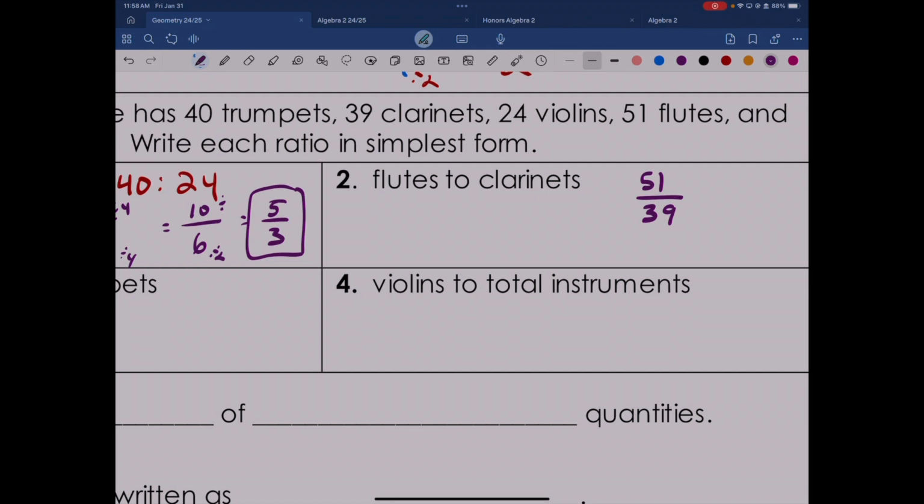Does 3 go into 51? I think so. 51 divided by 3, I believe, is 17. And again, if you don't know, just check on your calculators. 51 divided by 3 is 17. 39 divided by 3 is 13. And you're done. That's the ratio in reduced form.